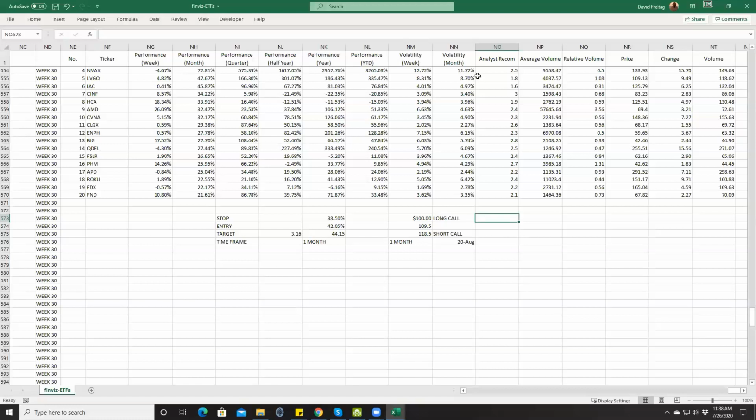I always like to look at this volatility. If this volatility is, say, 2.44% for APD, that really isn't that big of a move. Same thing here with CLGX. The volatility is 2%. How much is 2% of $68?